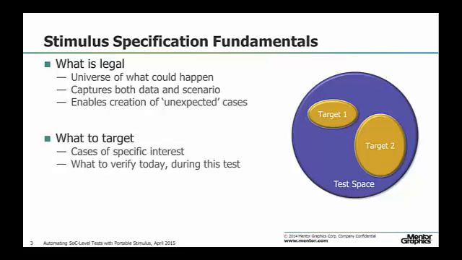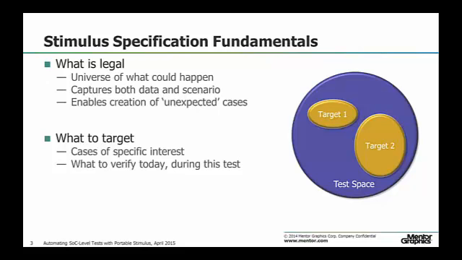So if we take a step back and look at what are the elements needed for a complete specification of stimulus, regardless of the environment, the way we see it, there are two things that are needed. The first is the entire legal test base, the blue circle that you can see on this slide here, which models the whole legal universe, every possible transaction or combination of transactions that are possible, including unexpected cases that the verification engineer maybe didn't think of.